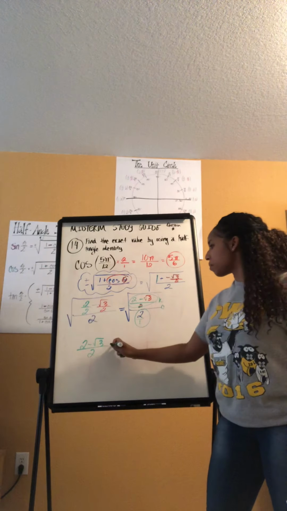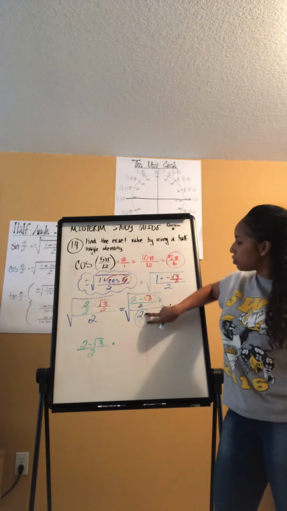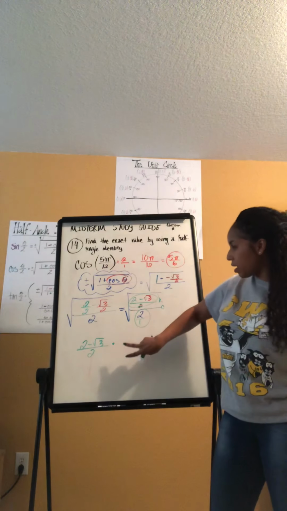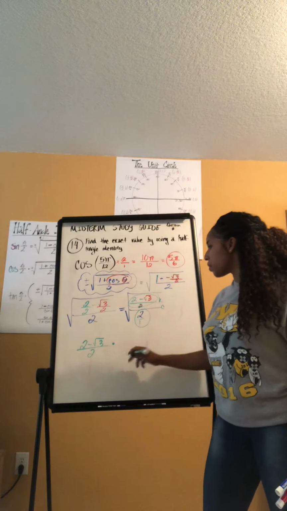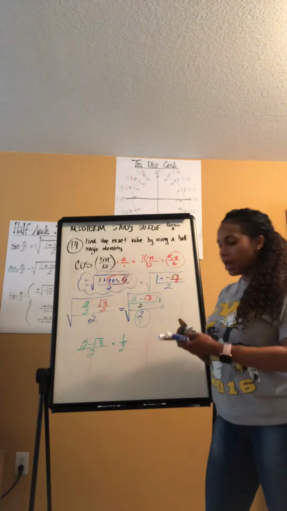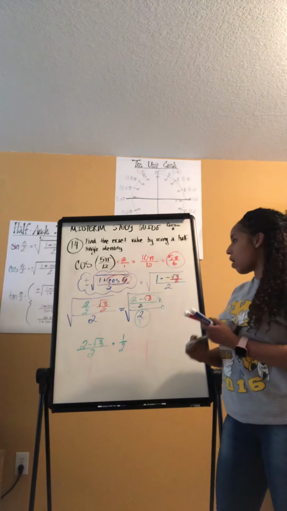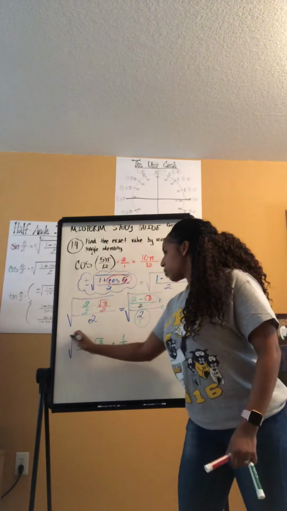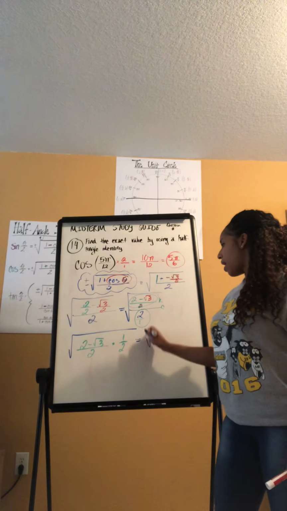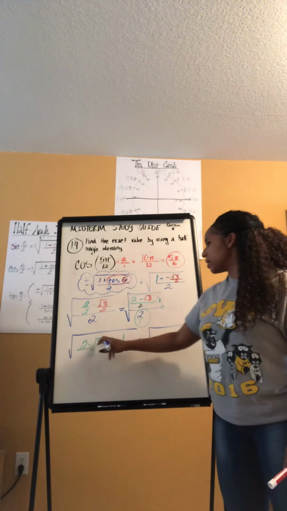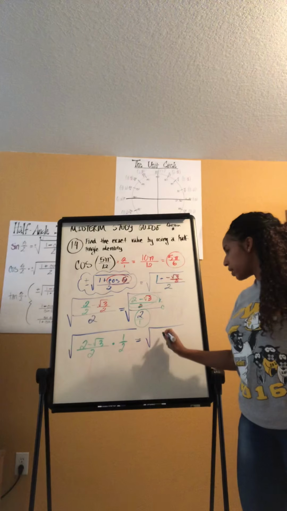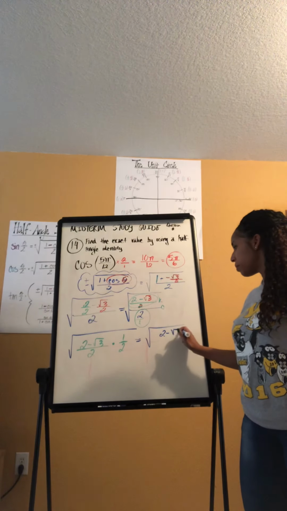I'm changing this to multiplication. I'm going to flip this over, right? I'll have its reciprocal. So instead of 2 over 1, it is a 1 over 2. And again, as of right now, they are all underneath the big blue square root. So what I have in there is 2 minus the square root of 3, all times 1. So it's just 2 minus the square root of 3.